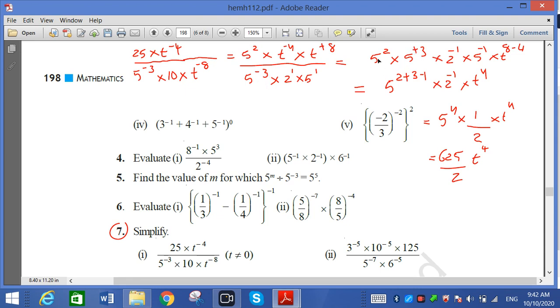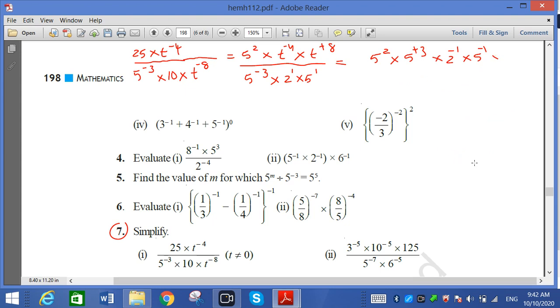Minus 3 becomes plus, 2 the power 1 minus 1, 5 the power 1, 5 the power minus. Now 2 plus 3 is 5, 5 minus 1 is 4, 2 to the power minus 1 as it is. When a negative power is there, we have to put it in the denominator and then simplify. You will get 625 upon 2 to the power 4.